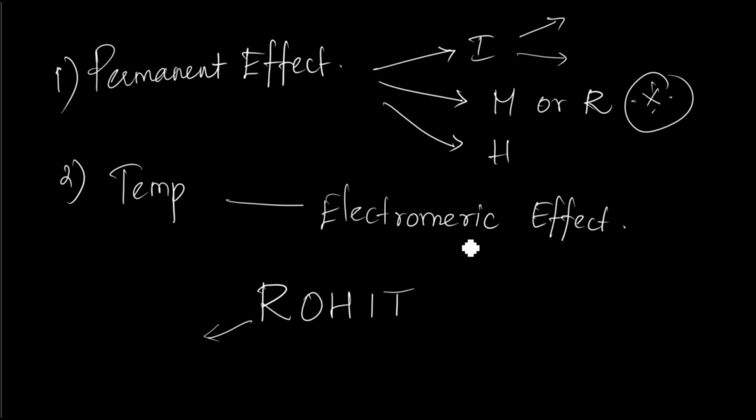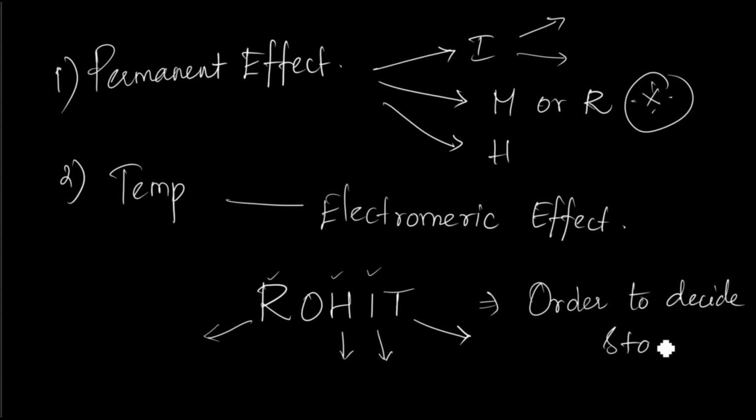R stands for resonance, H for hyperconjugation, I for inductive, and T for temporary effect, that is the electromeric effect, which you can leave. So R, H, I, these three are very important. This is the order to decide the stability.